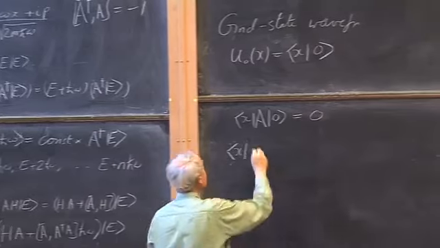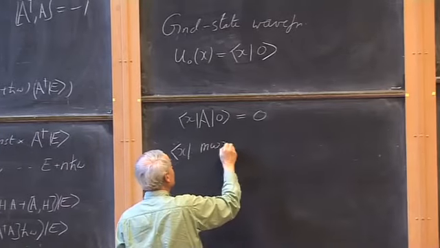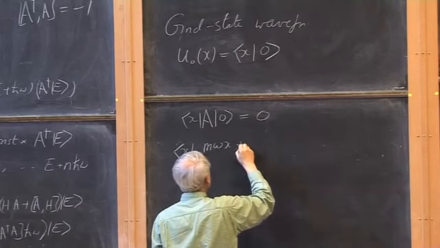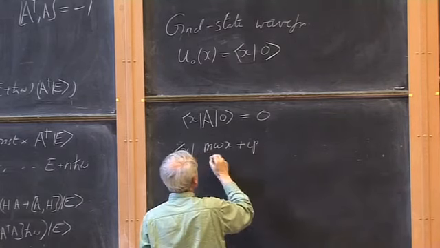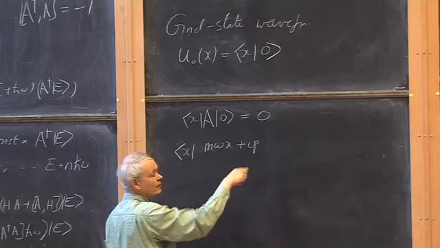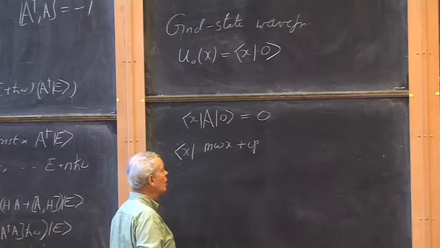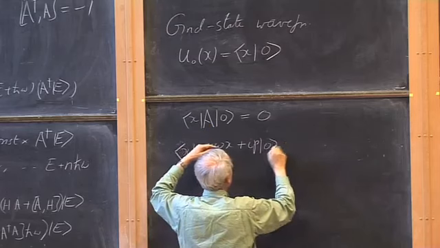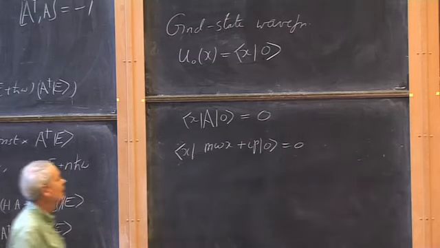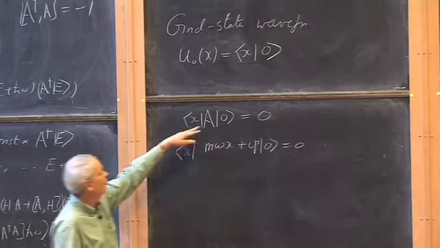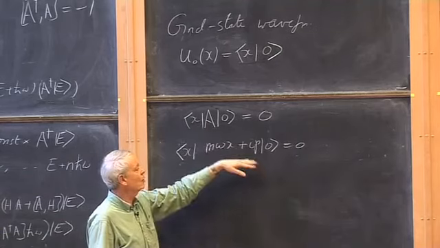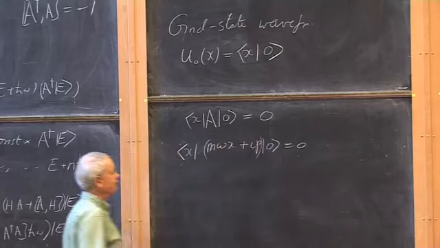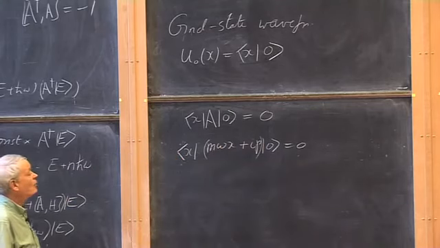So a is m omega x plus i p, in principle over the square root of 2m h bar omega, but because I'm about to put this stuff equal to 0, I can neglect the factor on the bottom. I can multiply through both sides of the equation by the factor on the bottom and get rid of the garbage. Clean things up.